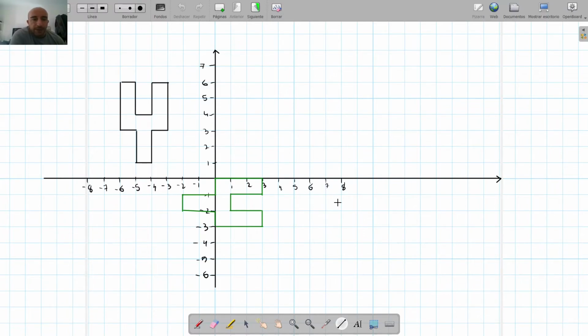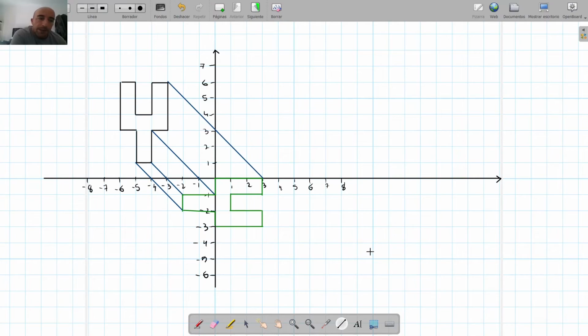To do that, we need to find the mirror line, the axis of reflection. We're going to draw straight lines that join the equivalent points from our object to the reflected image. We don't need to do all of them, just a few.